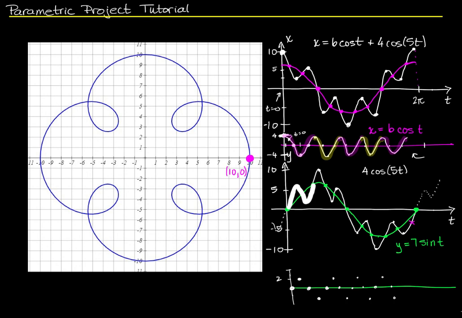And then I have to ask myself, how many times does this happen? Well, I go from on the graph to above and below and back to on. That's 1. Above and below, that's 2. Above and below and back to 0, that's 3. Above and below, that's 4, that's 5. So I still have to go through 5 cycles.